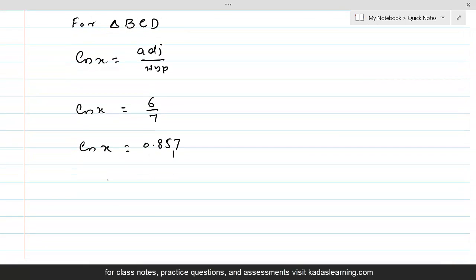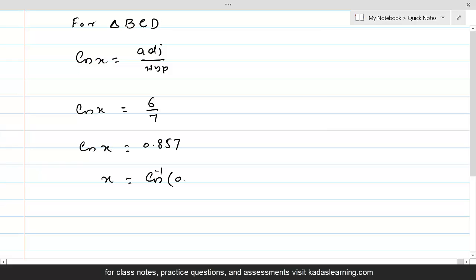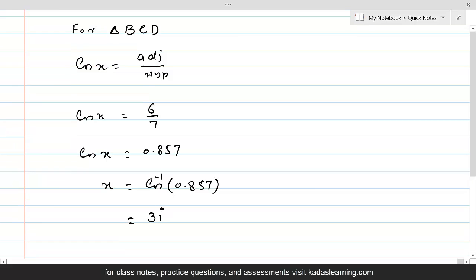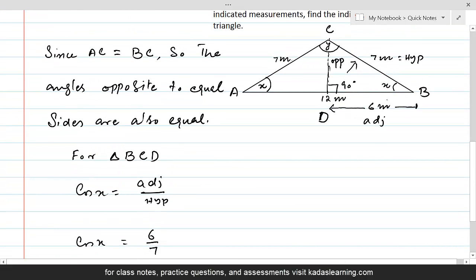For finding that angle X, we can take cos inverse of 0.857, which gives us the angle of 31 degrees. So this angle here is 31 degrees.